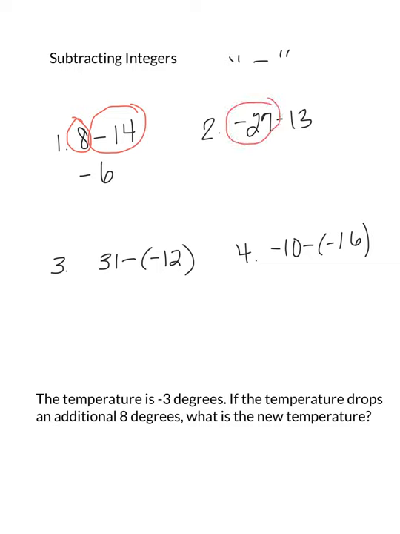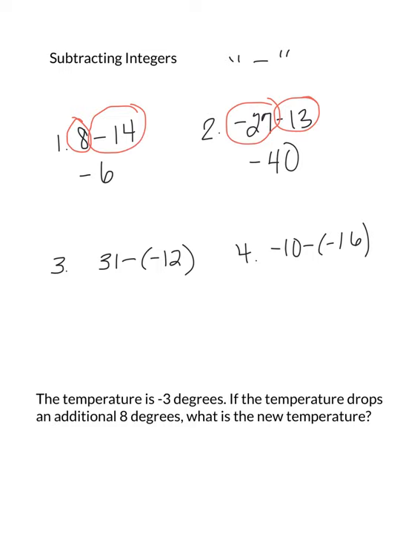The second term I see, that I kind of wrote right through, is negative 13. So when I look at a negative 27 and a negative 13, and I want to put those two terms together, I have 27 negatives and then another 13 negatives. That is going to give me a total of 40 negatives.